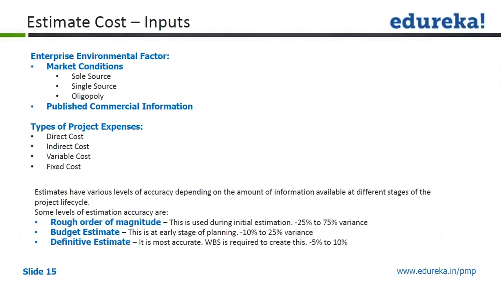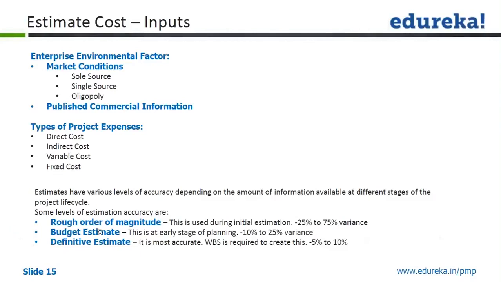This is used during initial estimation, and it is as wide as minus 25% to plus 75%. So if you're saying 100 as a cost, the variance is from 75 to 175. That is the kind of rough order of magnitude estimate you can do at the initial stages, with no tools and techniques. Just a ballpark figure is another name that we use.